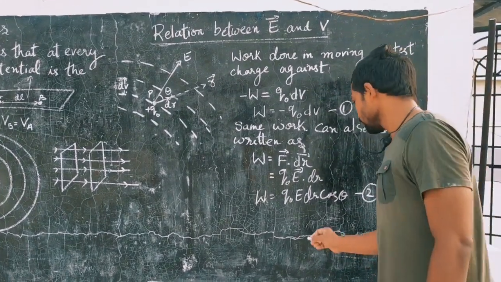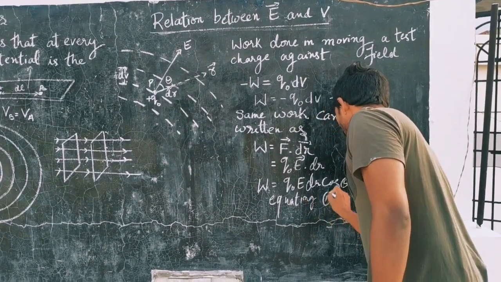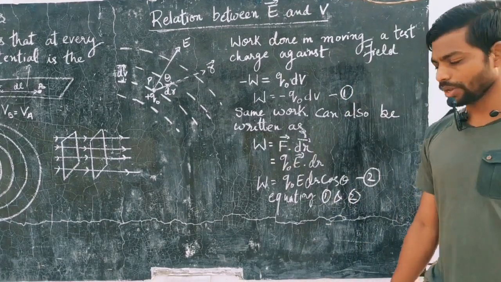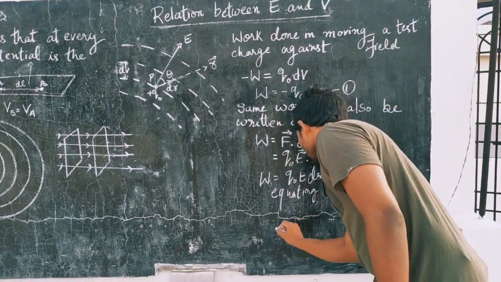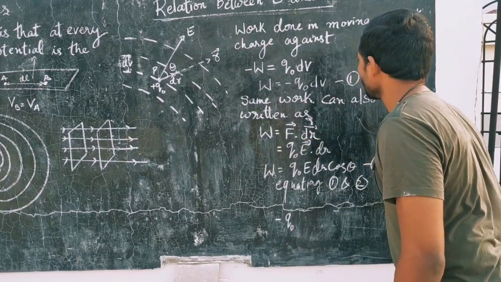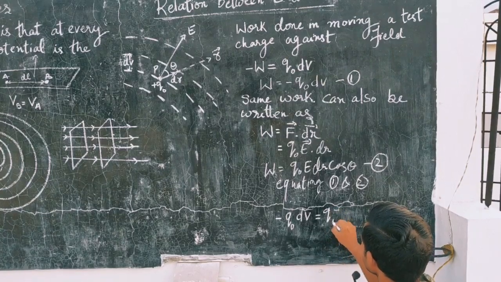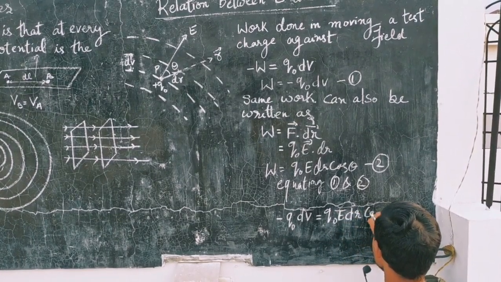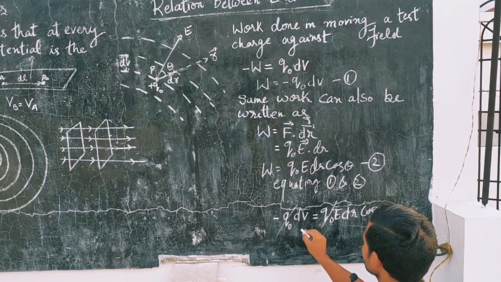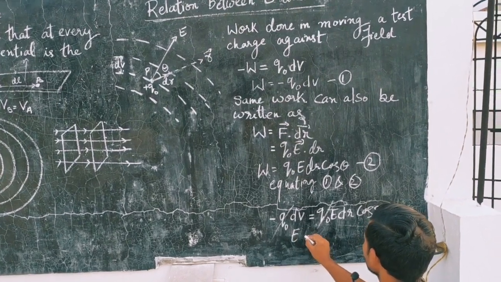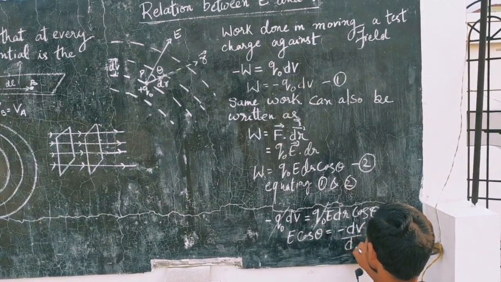Equating 1 and 2 we get, Q naught gets cancelled, then we have a relation: E cos theta is equal to minus dV by dr.